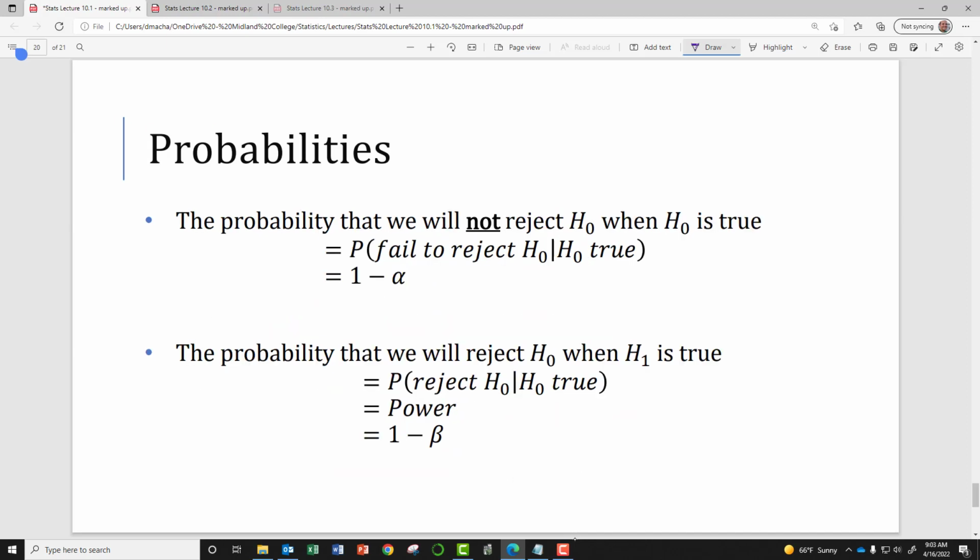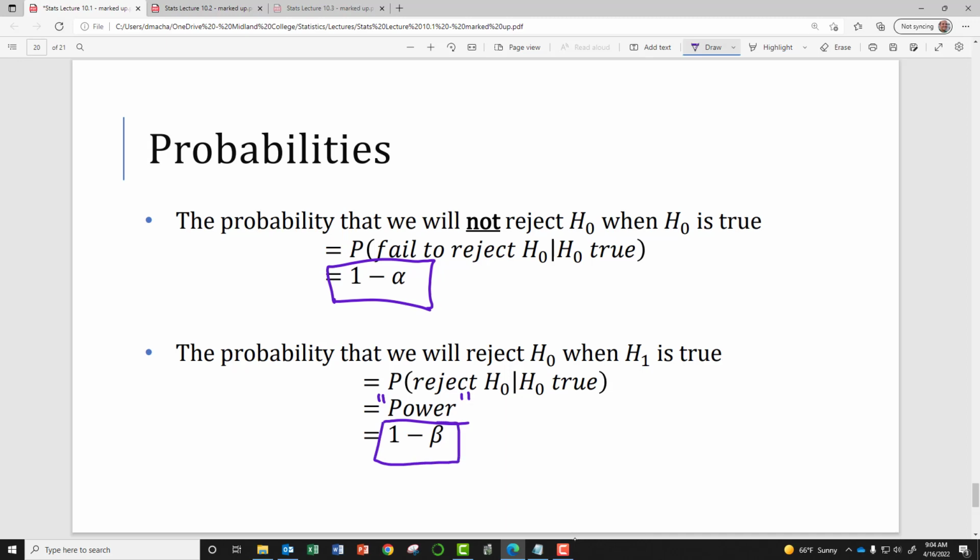So what's the probability that we will not reject the null when the null hypothesis is true? So this is a good thing. That probability would be 1 minus alpha. And the probability that we will reject the null hypothesis when the alternative hypothesis is true, that's what we call the power of a hypothesis test.